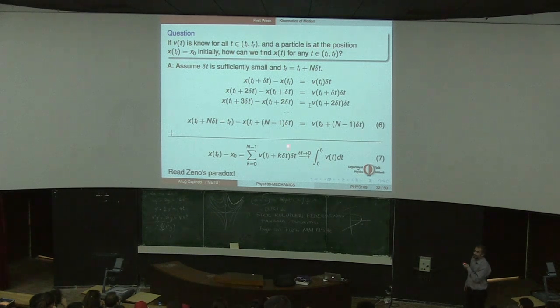But since I'm taking delta t to 0, this final term in this summation has the time t final. So by summing over k equal to 0 to n minus 1, I'm in fact summing over times from t initial up to t final minus delta t. And when I take this limit delta t to 0, I just obtain an integral where these limits are determined by these sums over here.